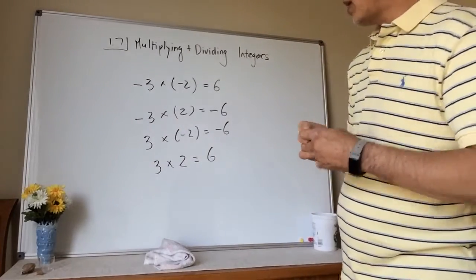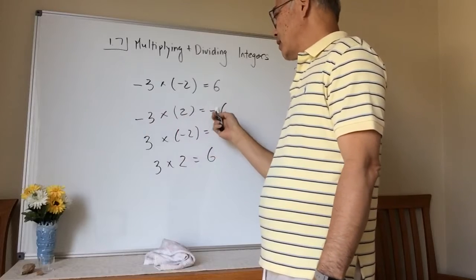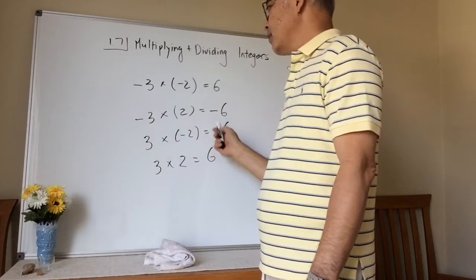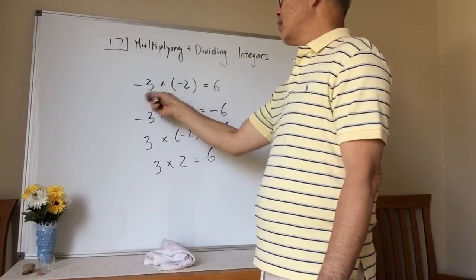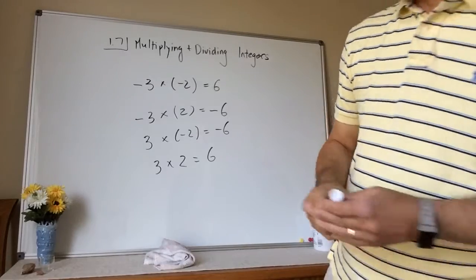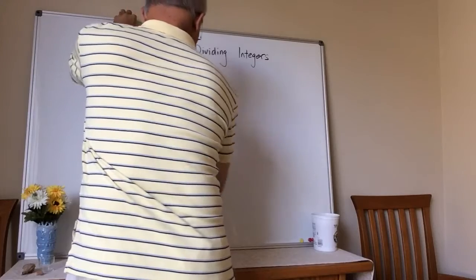So whenever you have one negative and one positive, it'll be negative. A negative times a negative gives a positive number. Okay, so that's what we need to know. Now we're going to do some examples.